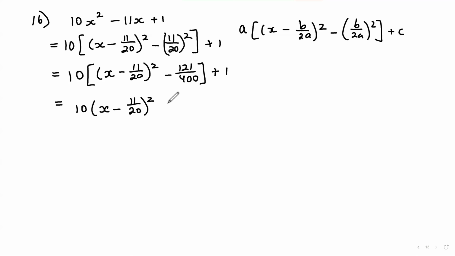Minus 121 over 40, yes, which is the same as saying 3 and 1 over 40. And then plus 1. And then the same first part, so 10 x minus 11 over 20 squared.